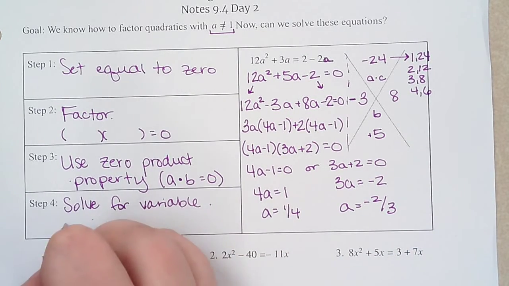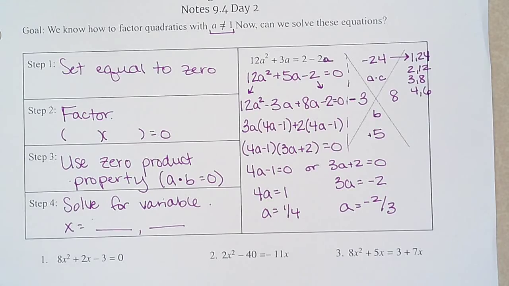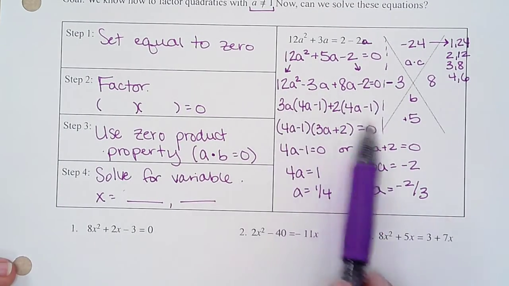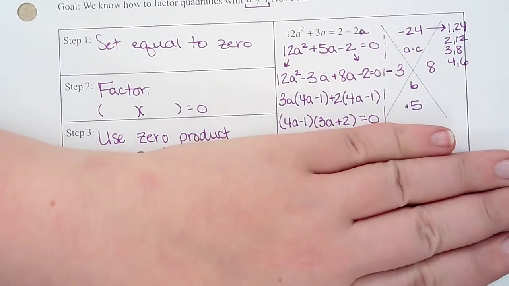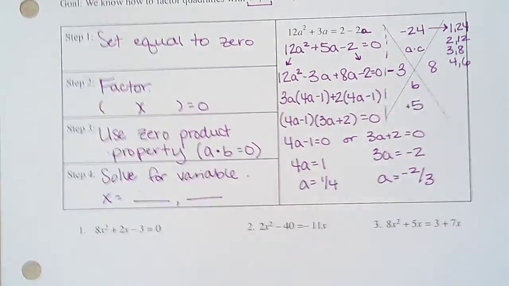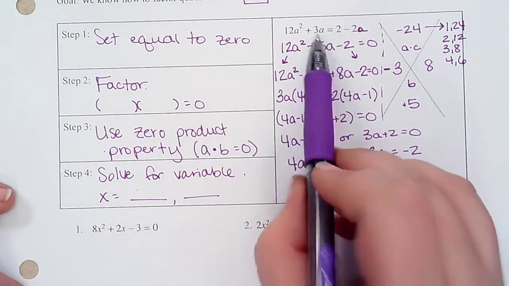And we should have a final answer of x equals some number, or a pair of numbers. So we're used to everything up until this point. From here on, we're still used to this. We've just never used it with this type of problem.